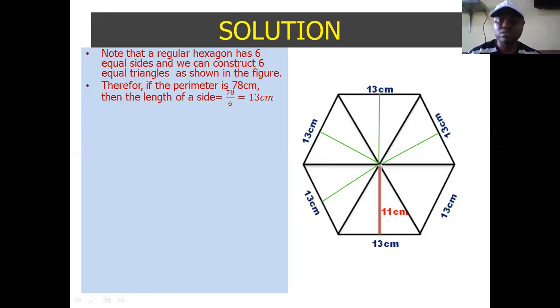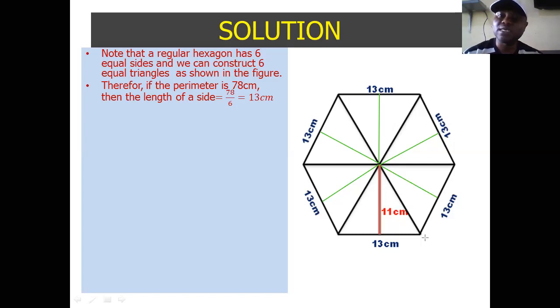So what do you think? How do we get this area? All we need to do is to find the area of one of these triangles and multiply it by the number of triangles. The length of a side given here becomes the base of the triangle, and the distance of a side from the center becomes the height of the triangle.